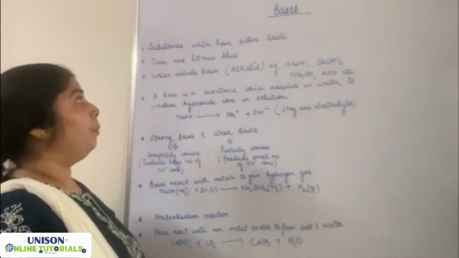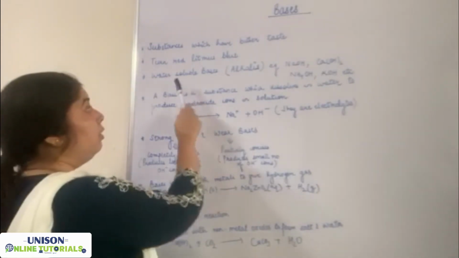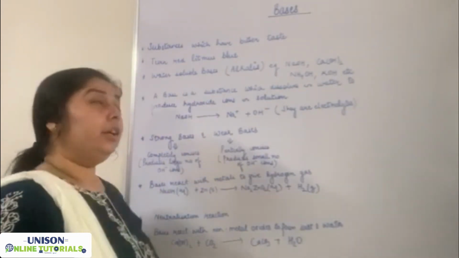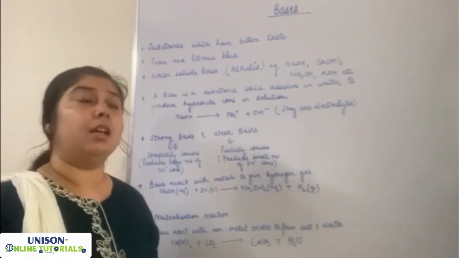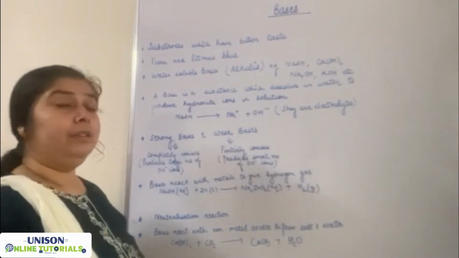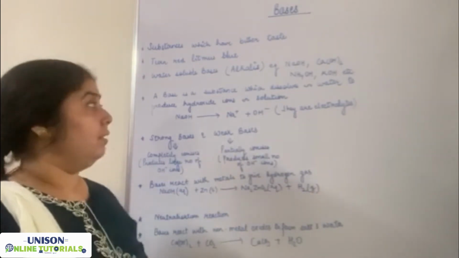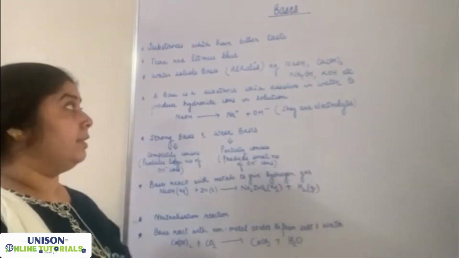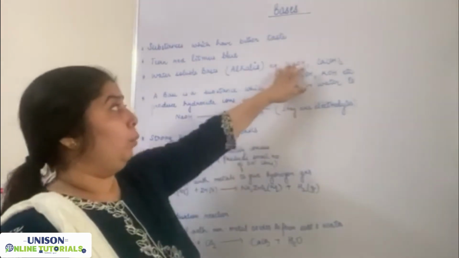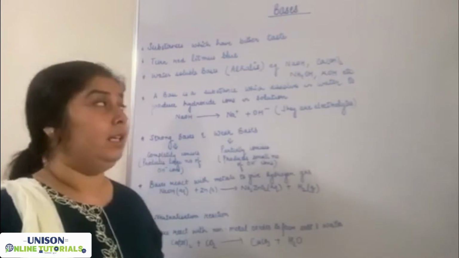Then the next property of a base is that water soluble bases are called alkalis. Most of the bases are soluble in water, and we have a special name for those bases. They are called alkalis. Example, NaOH, that is sodium hydroxide.